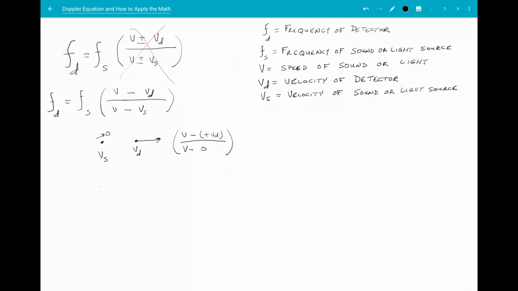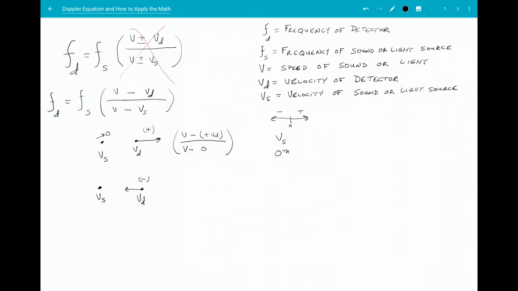Let's try this. Say v sub s is again stationary, and v sub d is going towards it. Going to the left is a negative direction; going to the right is a positive direction. You're probably wondering how I'm doing this. Here's the deal: I make v sub s the zeroth point, like on a number line. There's zero, going to the right is positive, going to the left is negative.